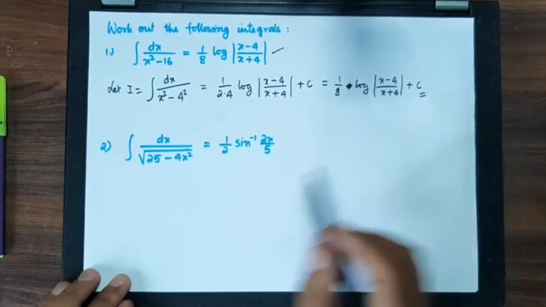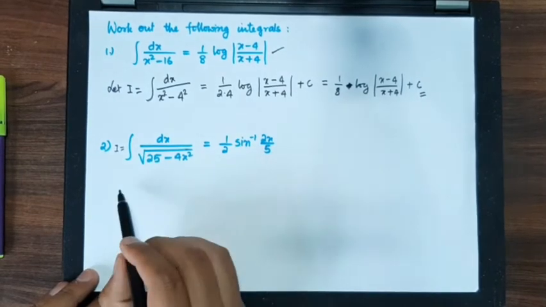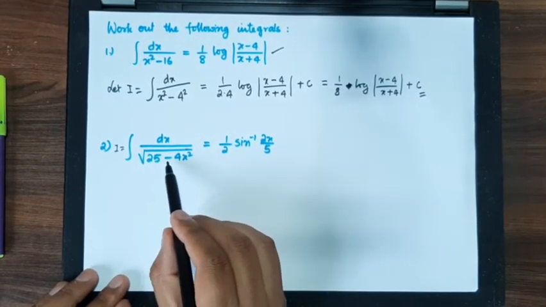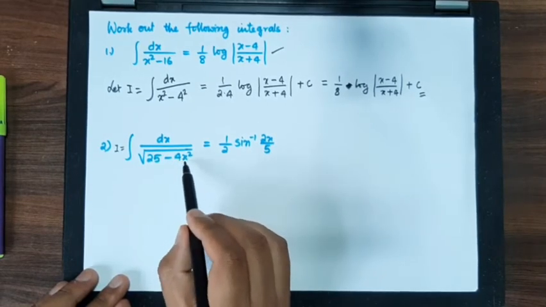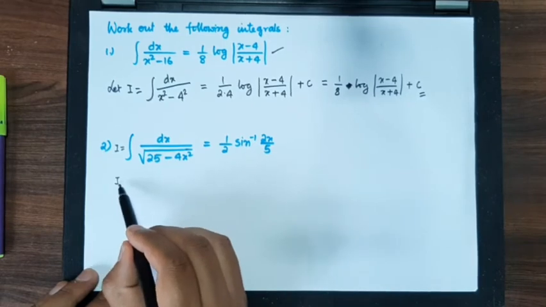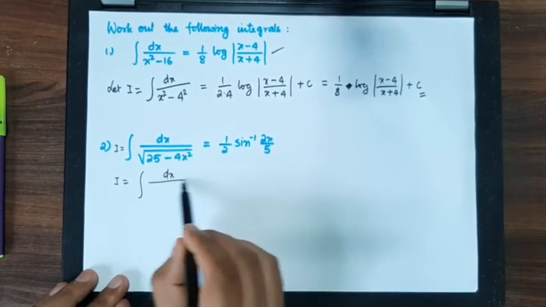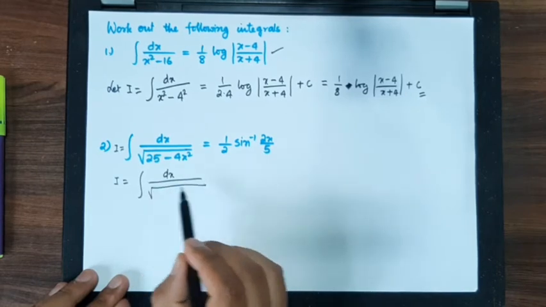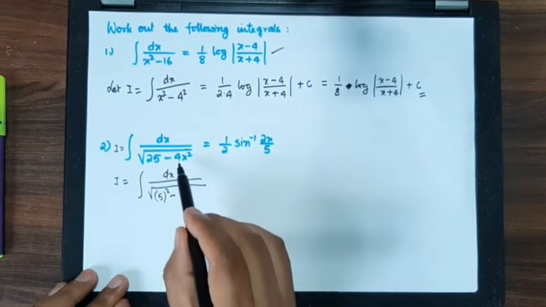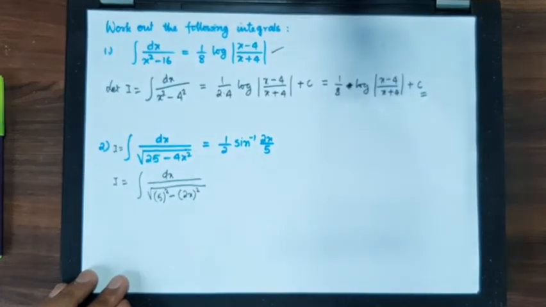Now let us go to the second question. So again, this is my I. Okay, so now this can be written as 5 square minus something whole square, right? So I equals integral dx by square root of 5 square minus, as I said, this can be written as 2x squared, right?